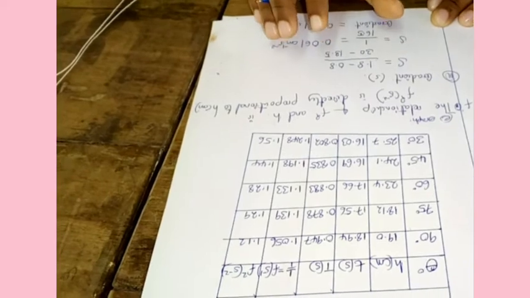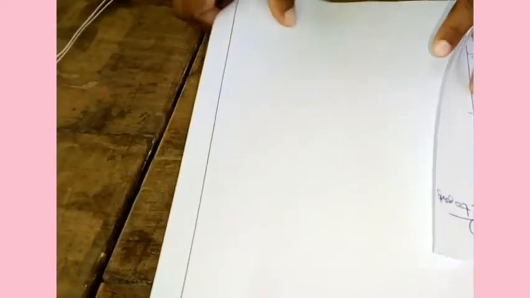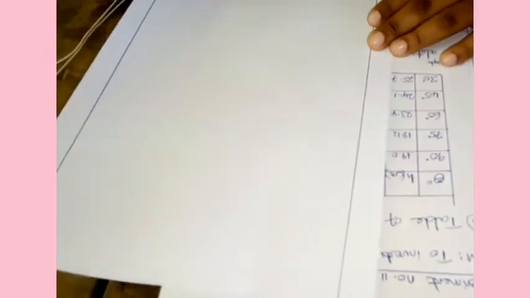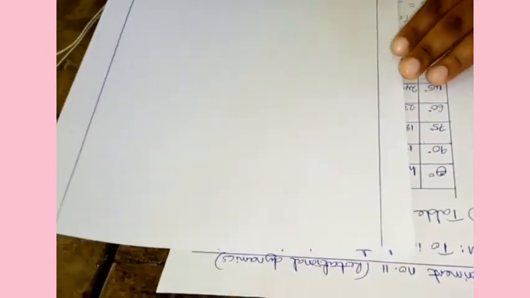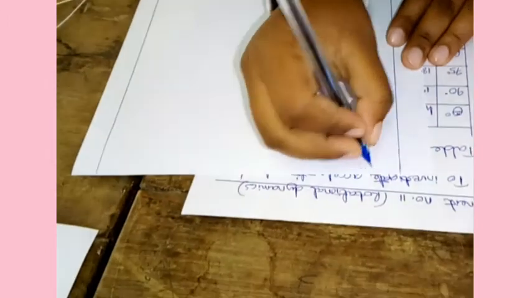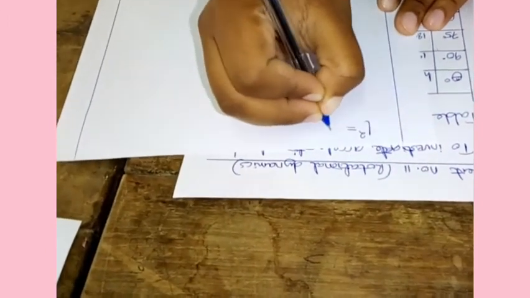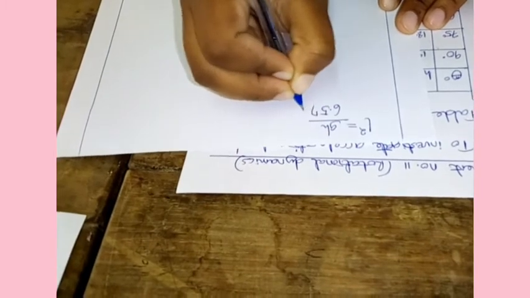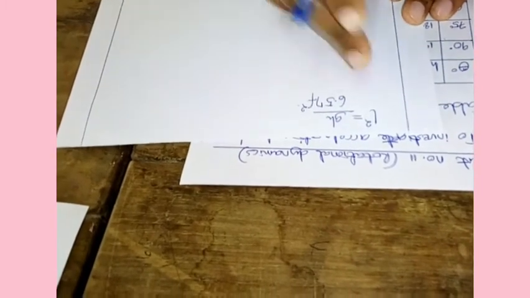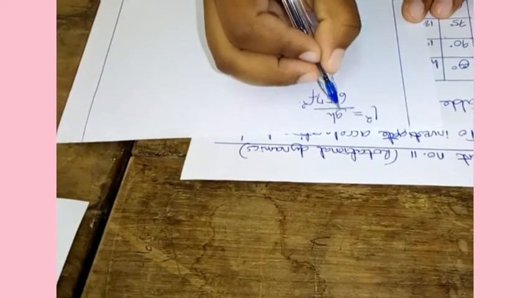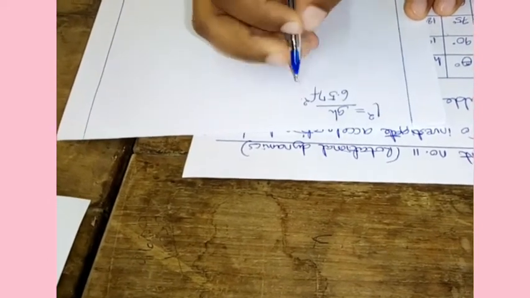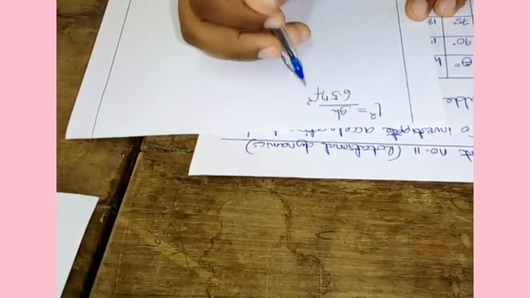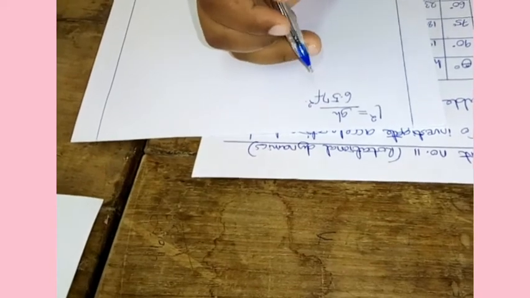Then baada hapo tumepewa relationship ambayo kutokana na relationship tumeambiwa to calculate the acceleration due to gravity. We have been given the relationship which is L square is equal to GH over 6.57 F square. From this equation tumeambiwa tutafute the value of G which is acceleration due to gravity. First we have to make F square the subject kwa sababu ndio tumechora grafu.